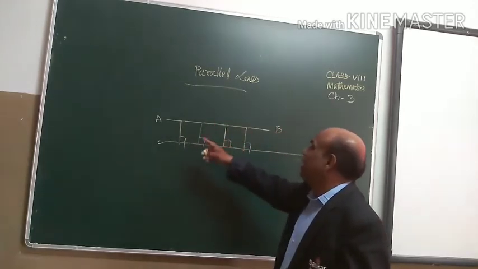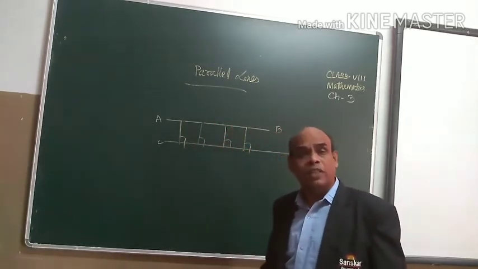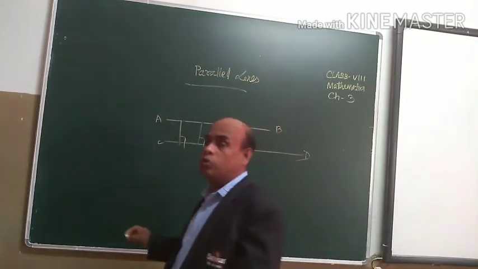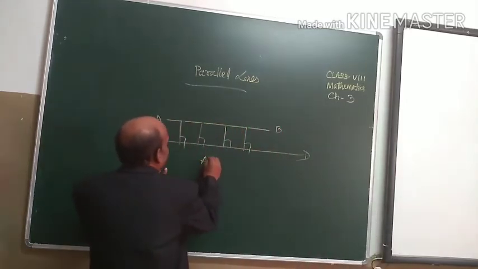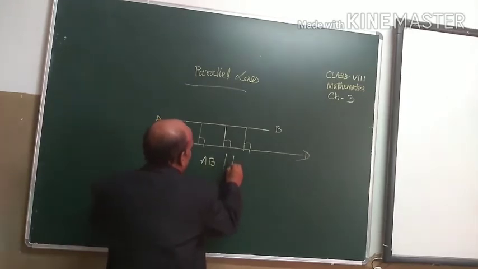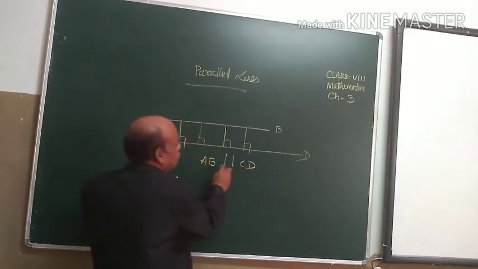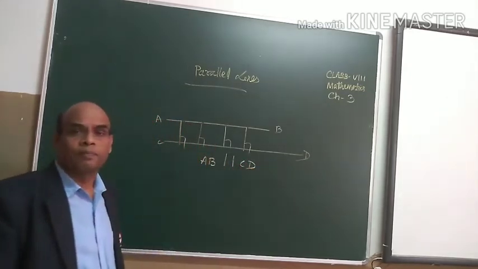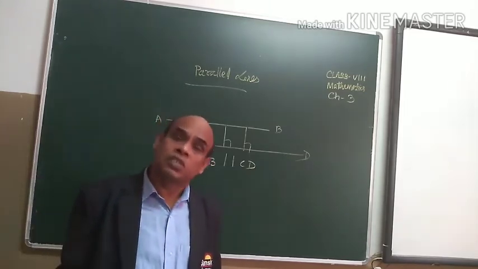So AB and CD are both parallel. We may write it like this, with the symbol: AB parallel to CD. This is the parallel symbol.